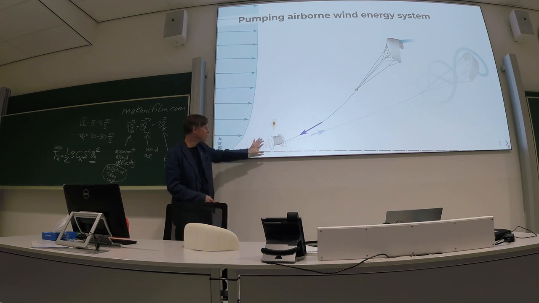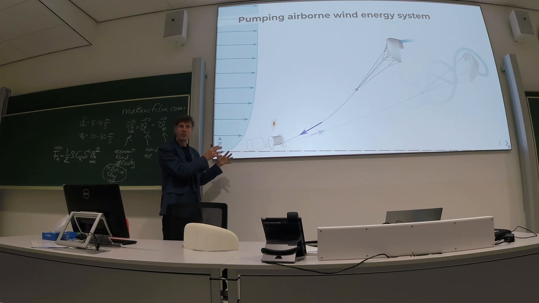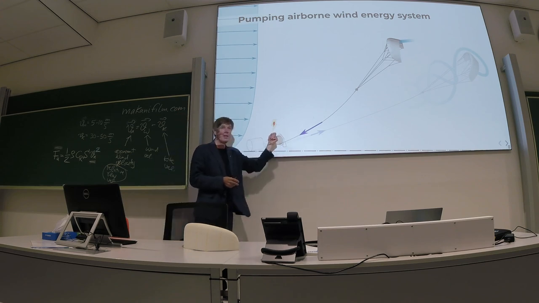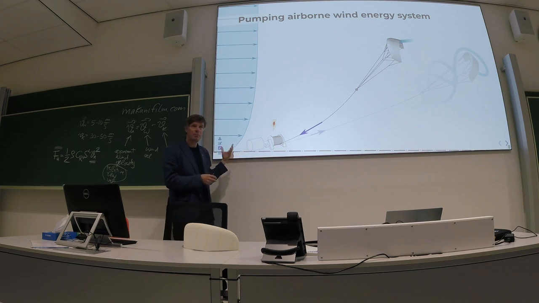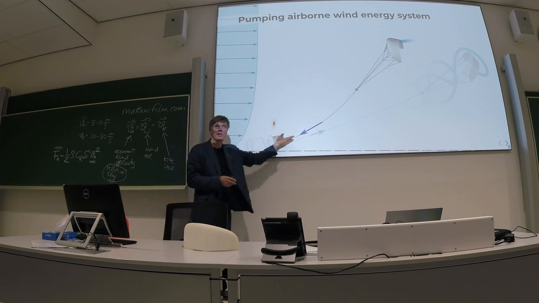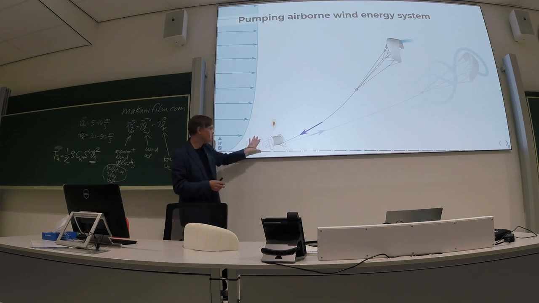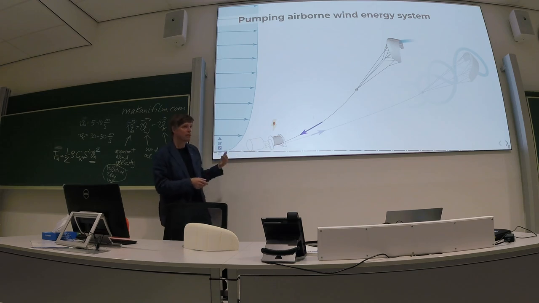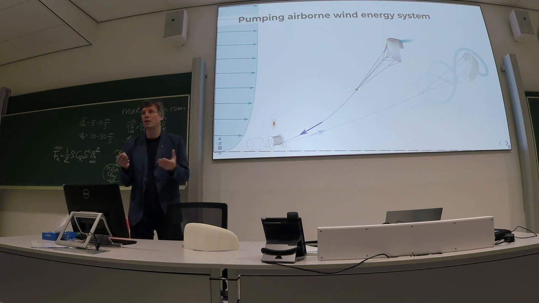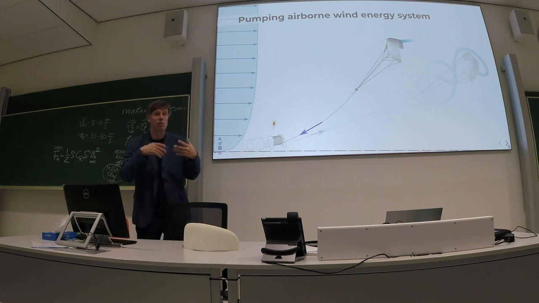What I forgot to illustrate here is we always need a storage, typically electrical storage, like a rechargeable battery, that can store the energy from the reel out and feed back a fraction of that energy to reel the kite back in by using this generator as a motor. So that's why it's called a pumping cycle. It is similar to some degree to a piston engine. In a piston engine, you also have a cycle.